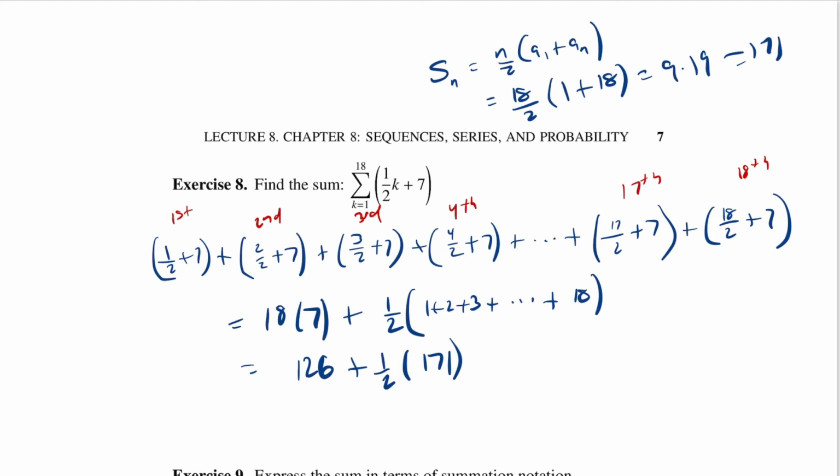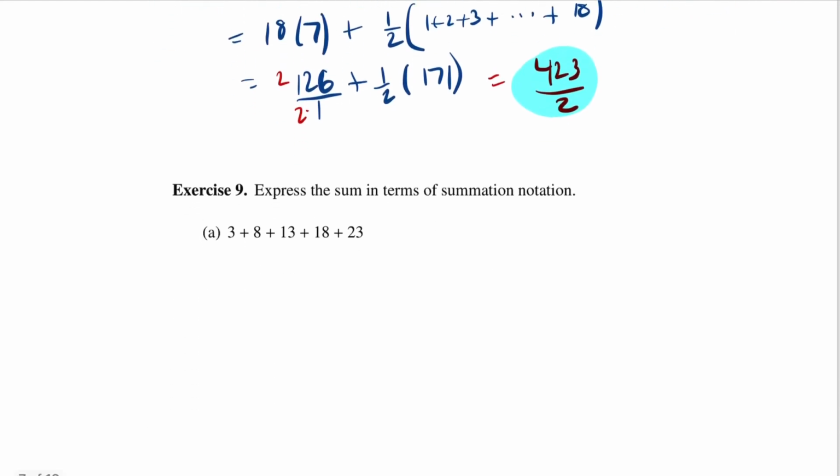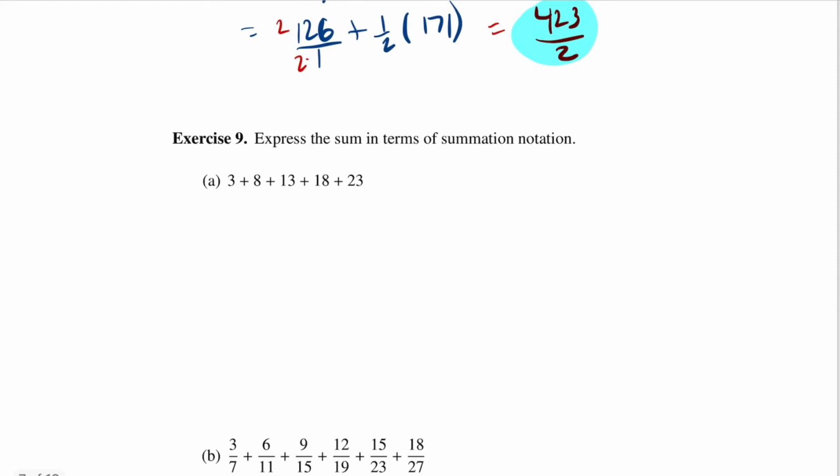All right, express the sum in terms of summation notation. So let's see if this is an arithmetic sequence. Plus 5, plus 5, plus 5, plus 5. It does seem like it is an arithmetic sequence because it keeps on increasing by 5 each time. And since we know the first term, we should be able to find the nth term now.